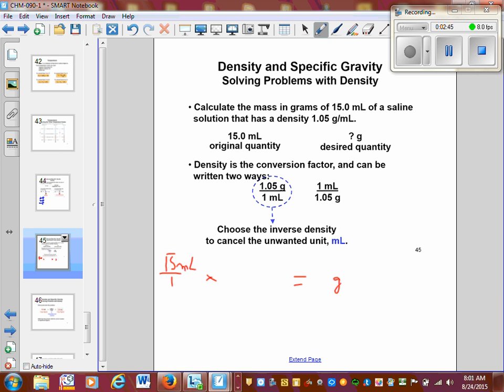So we're going to multiply that by some factor, grams per mil, which happens to be density. So the milliliters cancel, well, the density is 1.05 grams per mil.